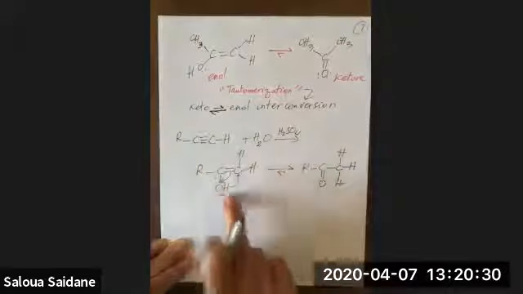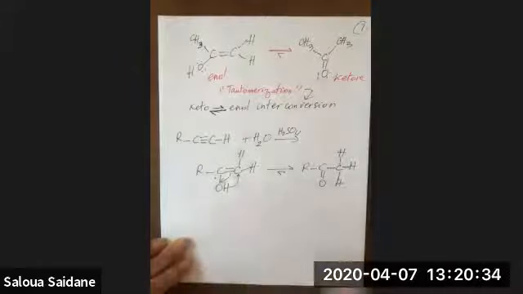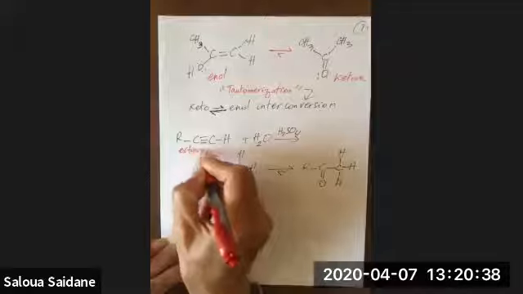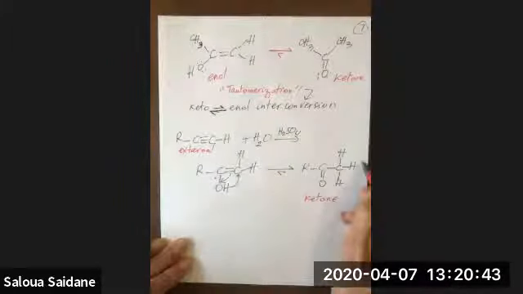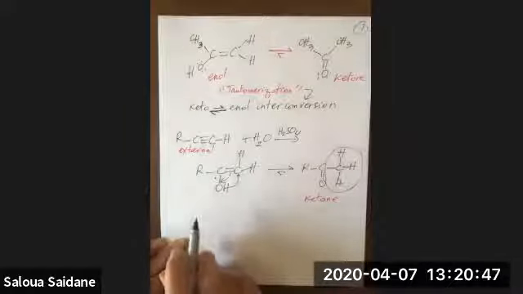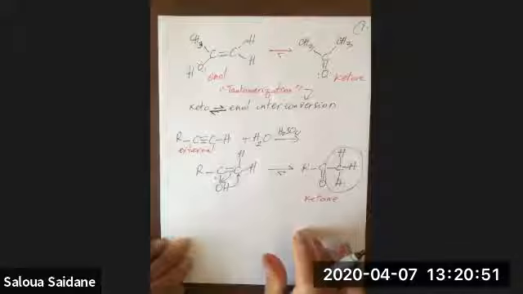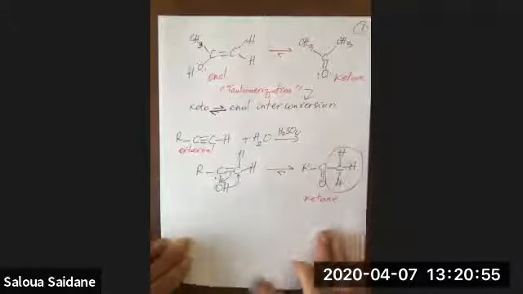So with external alkynes, we're always going to end up with the ketone, and the ketone will always have a CH3 on one side. Okay, so that's the hydrolysis of an external alkyne.